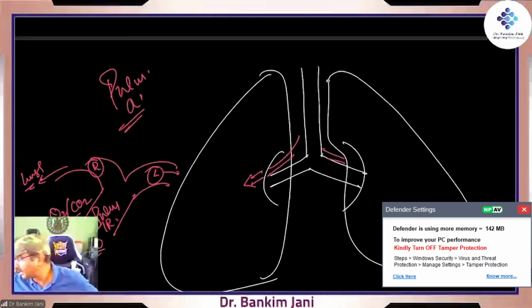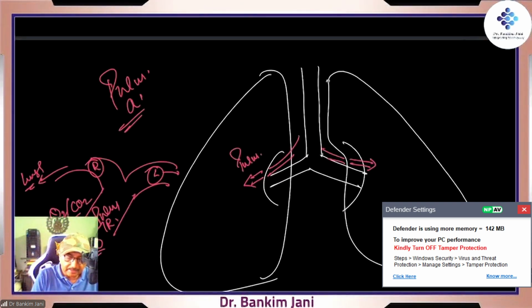Those vessels. So this is the pulmonary arteries. Now the pulmonary arteries are not carrying oxygen, but what are they carrying?